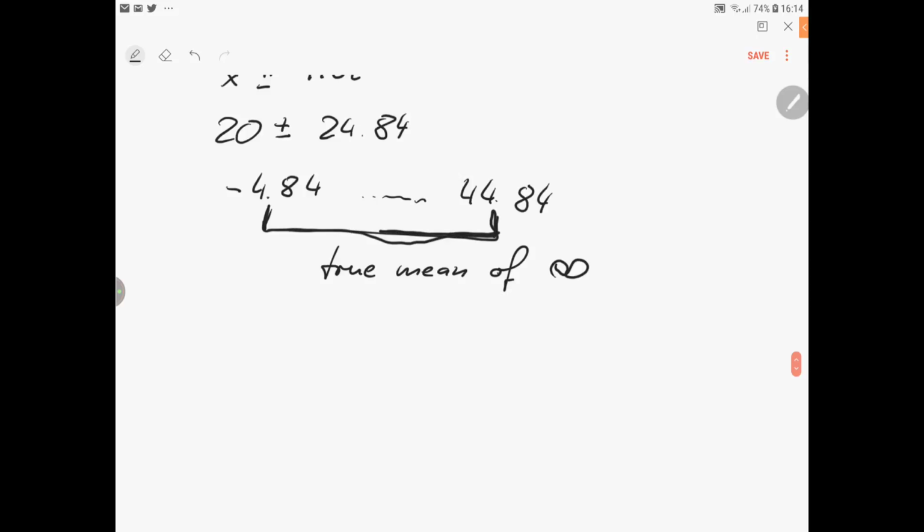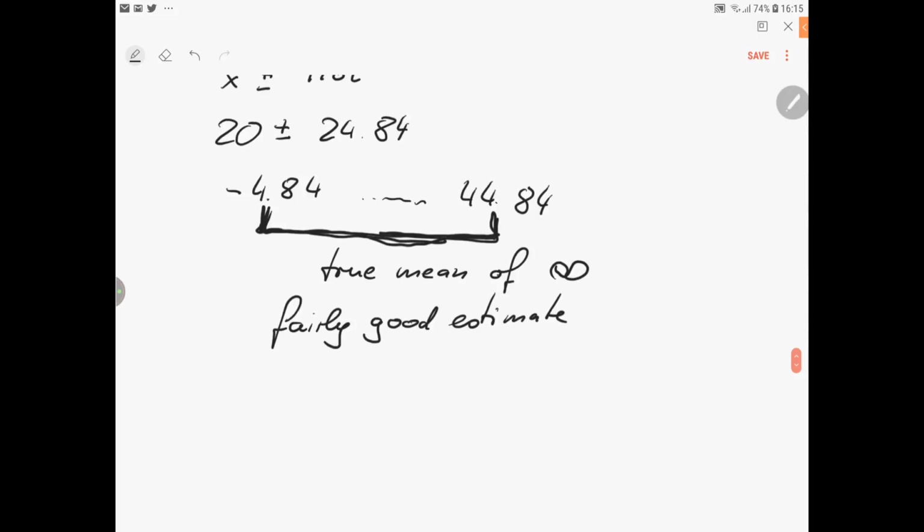We do not know exactly where it is, but this is a fairly good estimate of the mean. And that is really as good as it gets. So we can't get any closer. We can't say the mean will be actually between 18 and 22 or so.